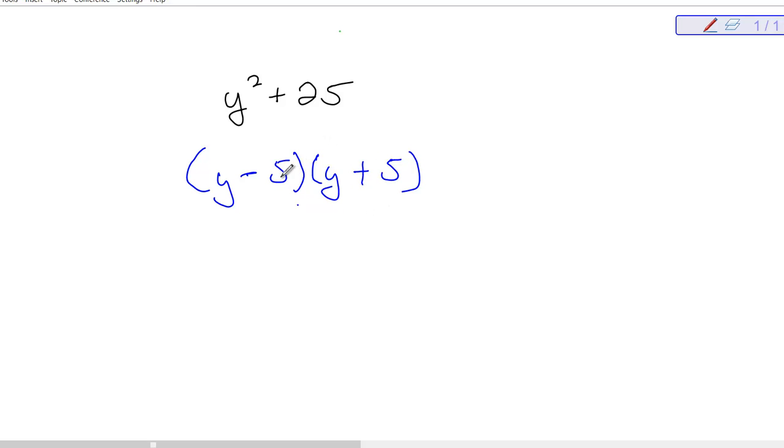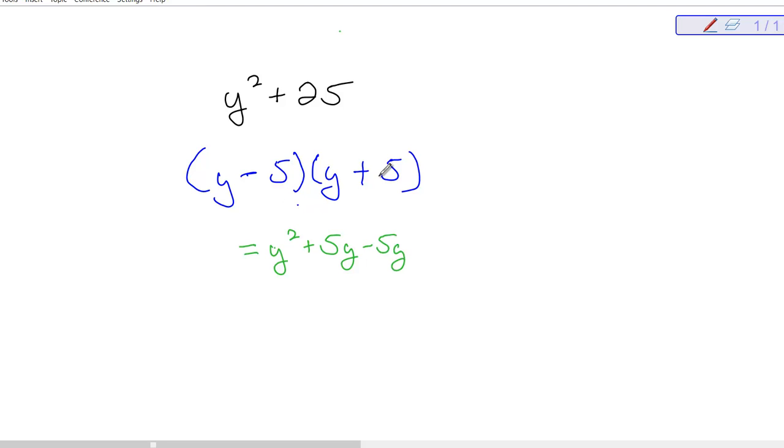But if I were to FOIL this back together, we have a little bit of trouble, because y times y gives me y squared. Y times a positive 5 gives me positive 5y. Negative 5 times y gives me a negative 5y.